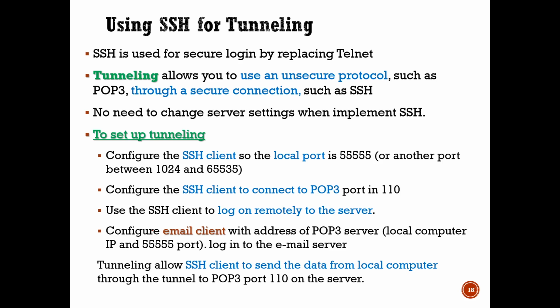There is a way to make POP secured, by using the concept of tunneling. Tunneling allows you to use unsecured protocols such as POP and IMAP4 through a secure connection such as SSH. So it makes a connection from a server to the destination within a secure shell, or within a secure tunnel.